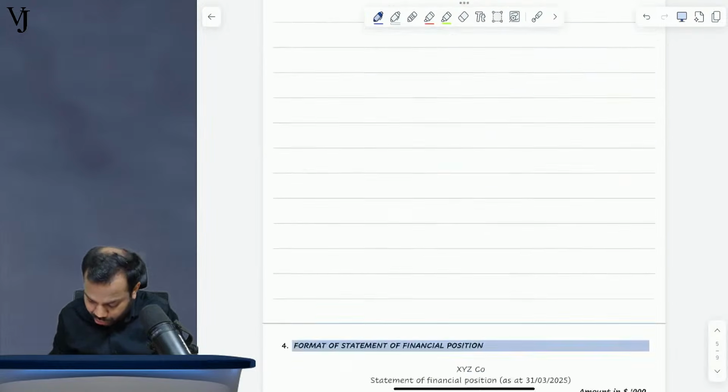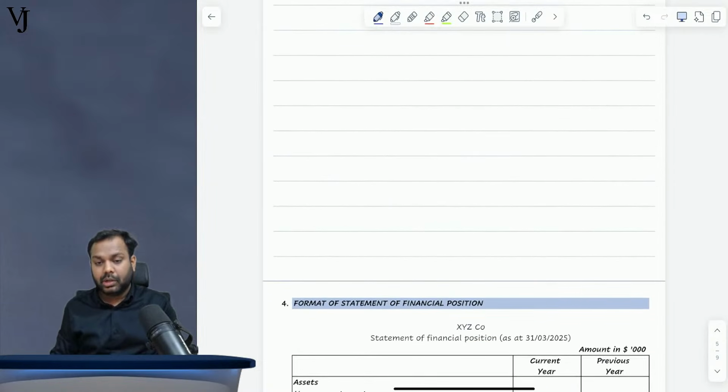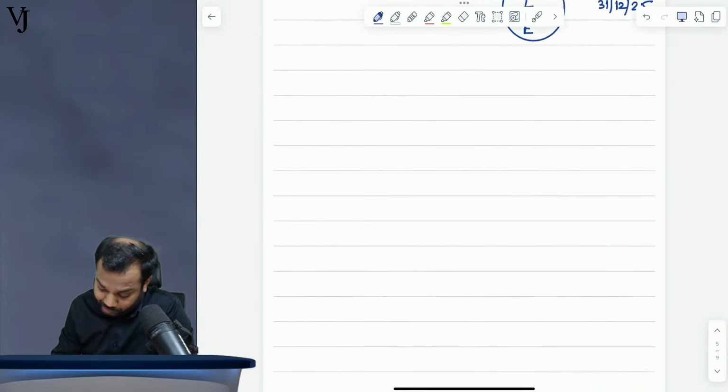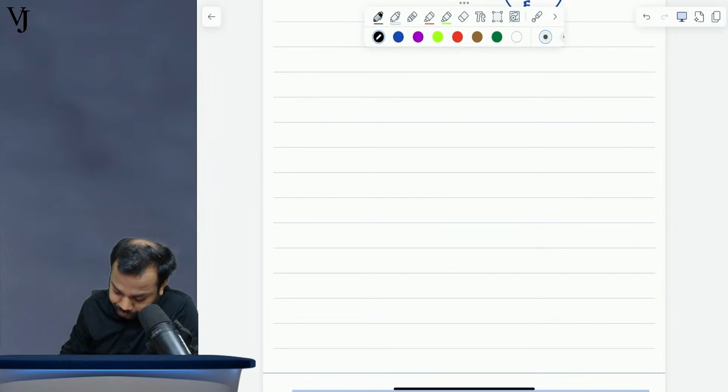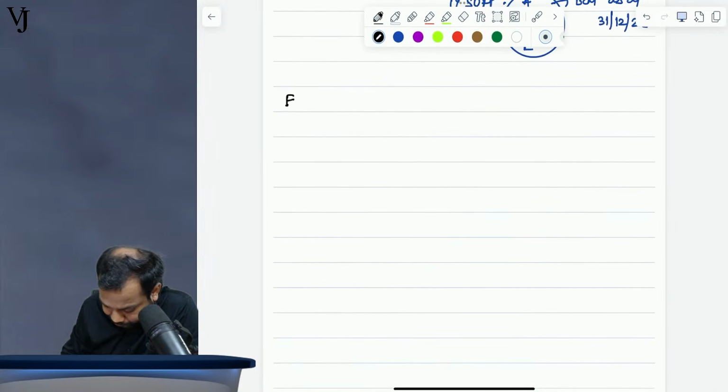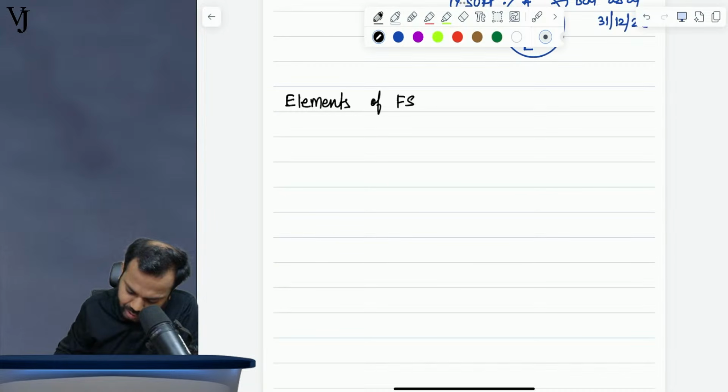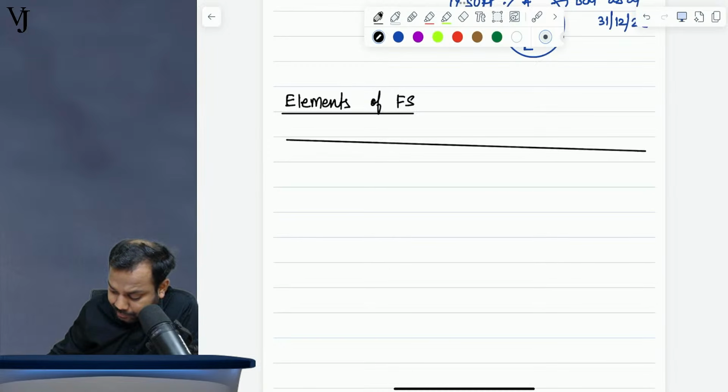Now, moving on to the next part: the elements of financial statements. So how many elements are there?